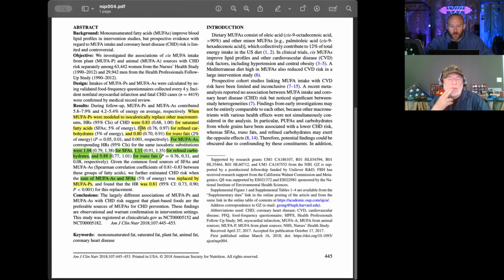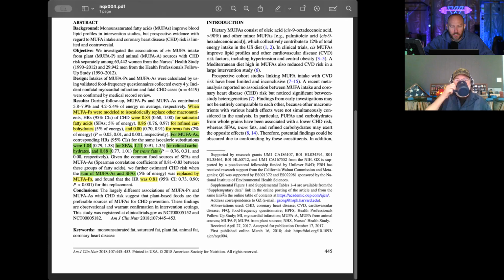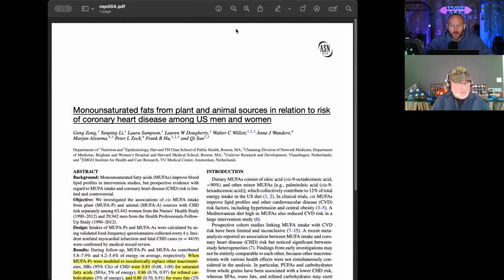For refined carbohydrates, we see a reduction in risk of about 14%. And for trans fats, we see about a 20% reduction. And then when we replace animal sources of MUFAs with plant sources of MUFAs, we see a similar reduction in risk. So where the monounsaturated fatty acid is coming from is important as well.